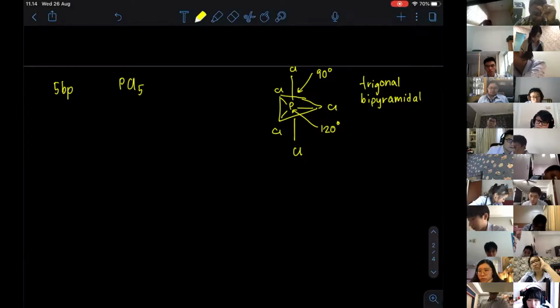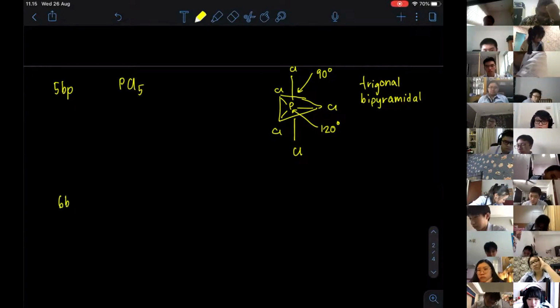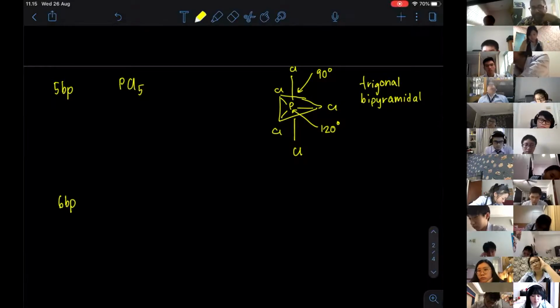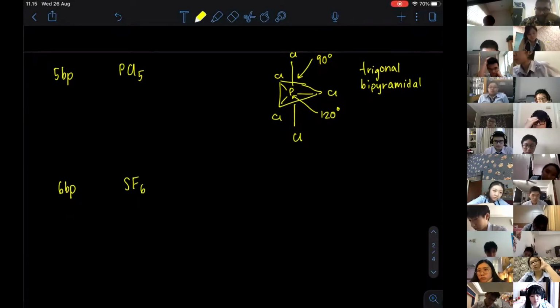And almost there, another 2 more. The last is 6 bonding pair. Example is SF6. Sulfur is group 6.